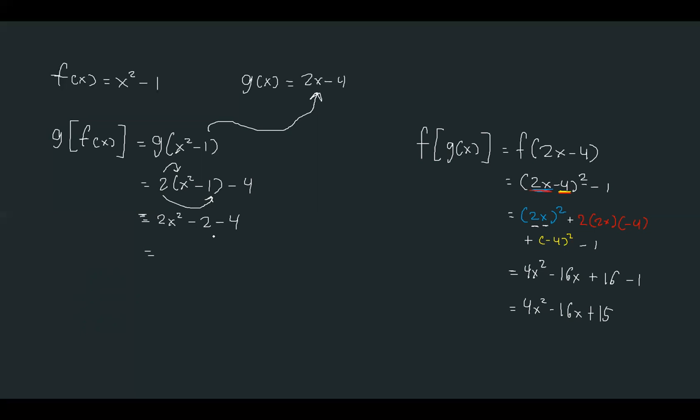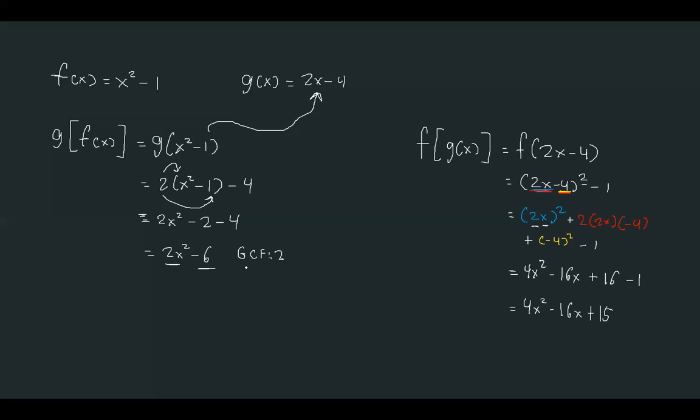So we combine them: negative 2 minus 4. So we have 2x squared minus 6. This could be your final answer, but we can simplify this one. You see, 2 and negative 6 are both divisible by 2, meaning their GCF is 2.